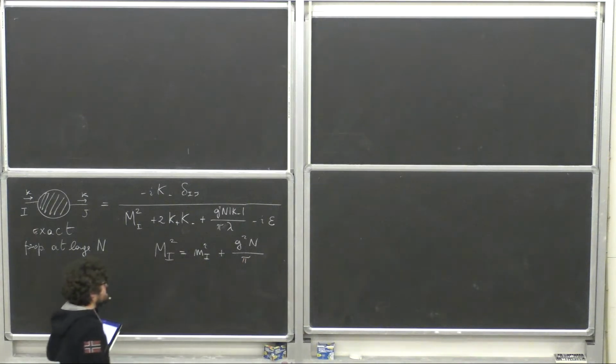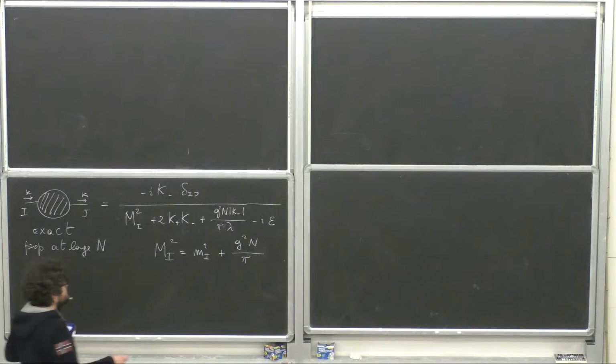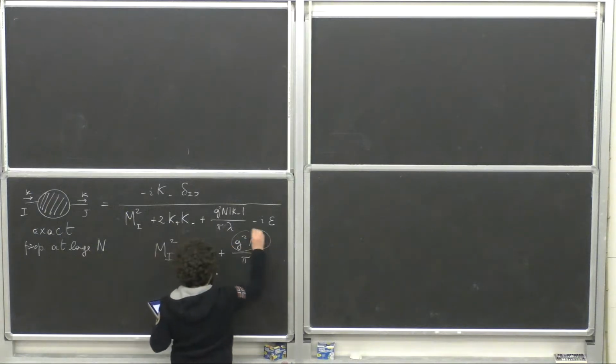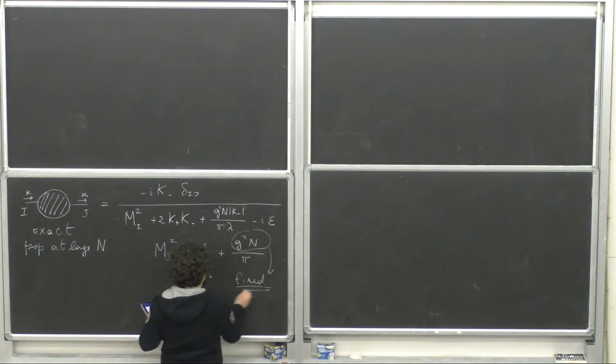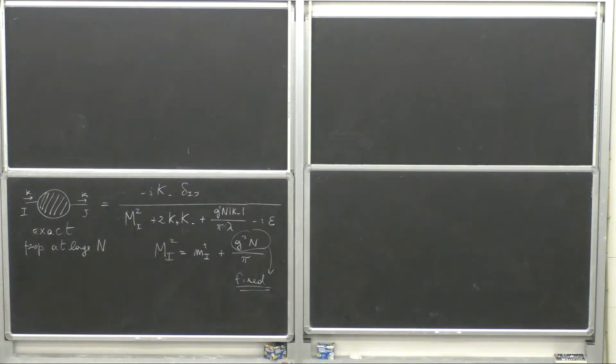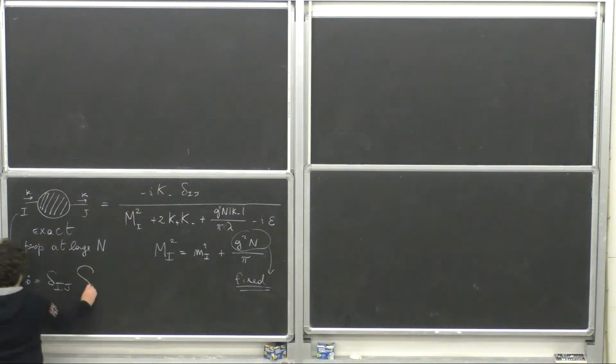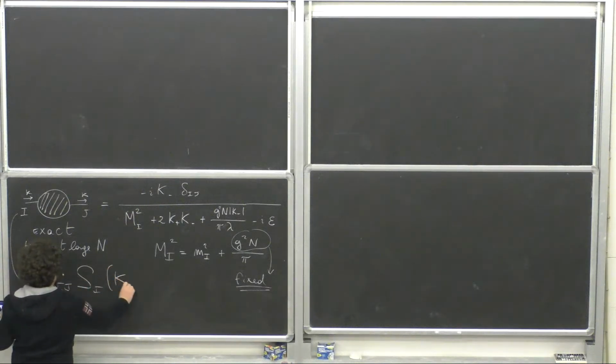Perhaps I didn't say that, let me say it one more time in case it was not clear, we are doing the Lagrangian with this combination fixed, right? So this is order 1 in our scaling. It's our 't Hooft coupling. And we gave a name to this guy. We called it delta ij sigma of k.